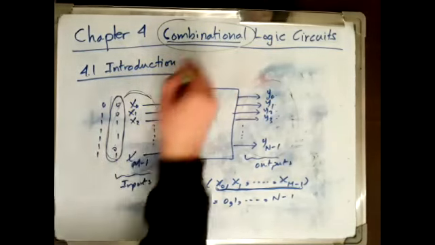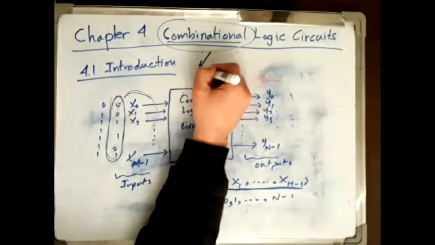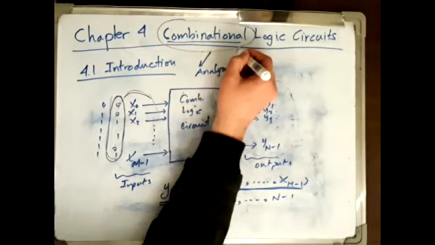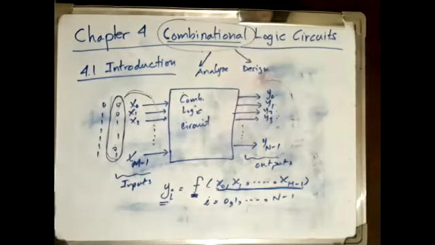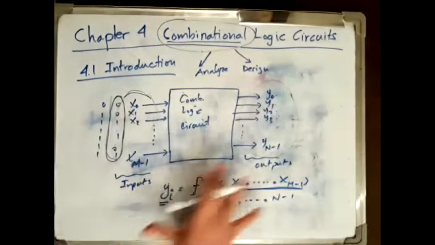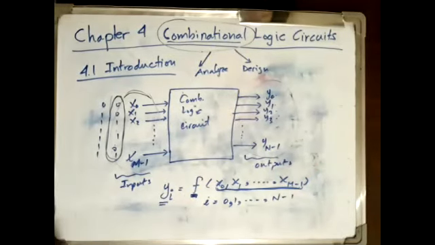So in this chapter, we will consider only this type of circuits. We will learn how to analyze them, which is straightforward, and we already talked about it. And we will learn how to design such circuits to achieve certain functionality or operation. So please keep this picture in your mind, because when we go to chapter 5, we will change it a little bit in order to present the other type of circuits, the sequential logic circuits.